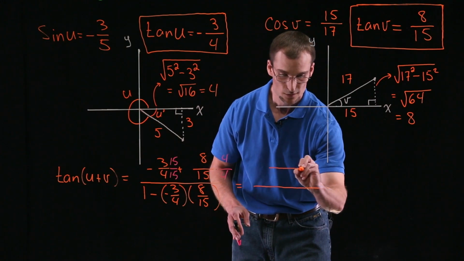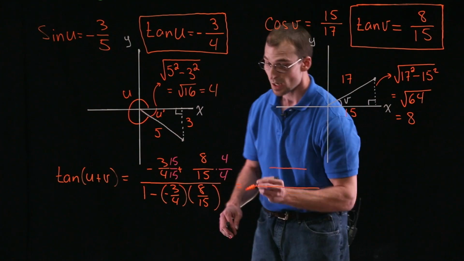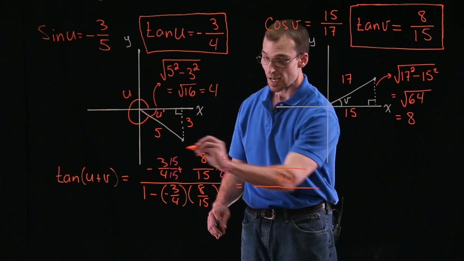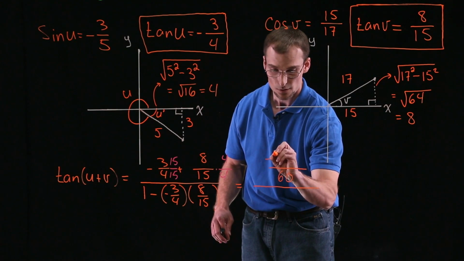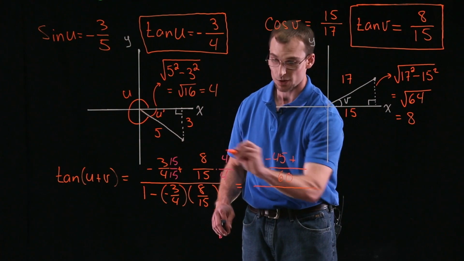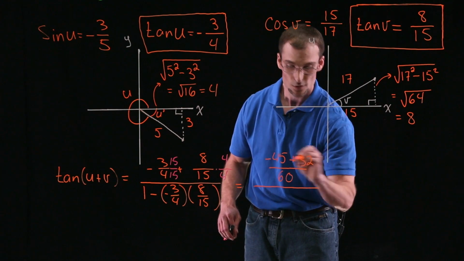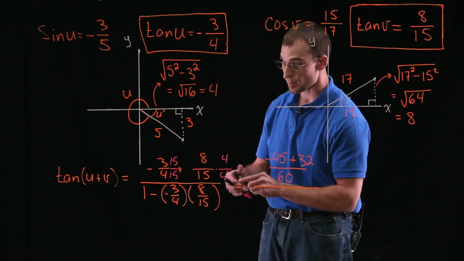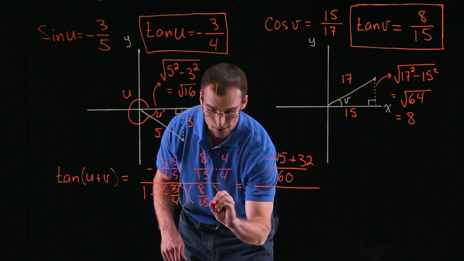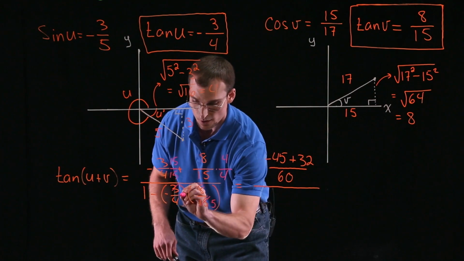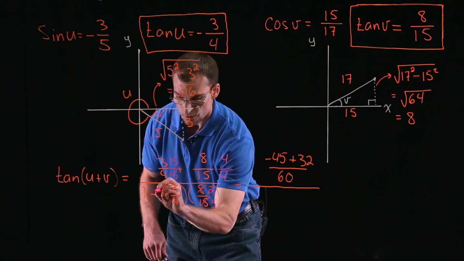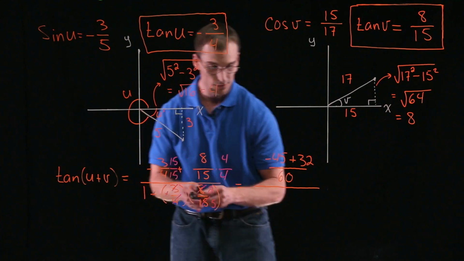And so that's going to give us a fraction in the numerator with common denominator of 15 times 4, or 60, and negative 3 times 15, or negative 45, plus 8 times 4, or 32. Now the denominator can be simplified, noticing that 3 goes into 15 5 times, 4 goes into 8 2 times, and our two negatives will cancel, giving us a plus.